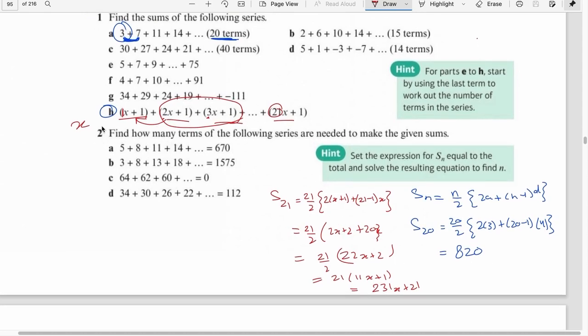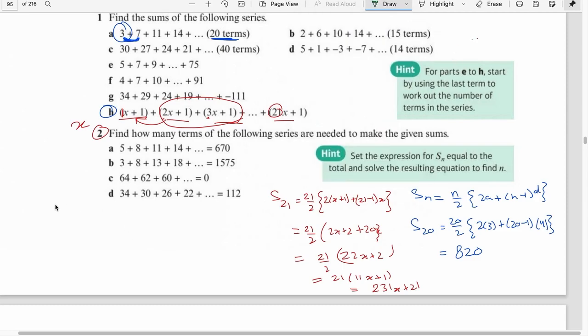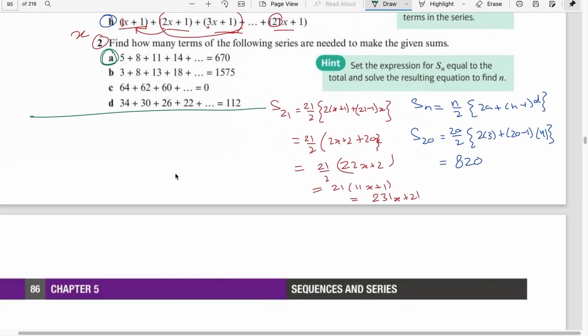Question number 2 says, find how many terms of the sequence are needed to make the given sum. If we talk about this, we know all the things, only n is missing. So when the sum is given, I'm using this formula, n by 2 into 2a plus n minus 1 into d.